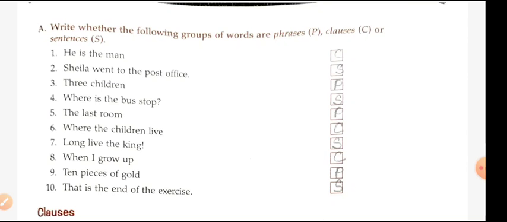Sentence. Three children. Phrase. Where is the bus stopped? Sentence. The last room. Phrase. Where the children lived. Clause. Long live the king. Sentence. When I grow up. Clause. Ten pieces of gold. Phrase. That is the end of the exercise. Sentence.